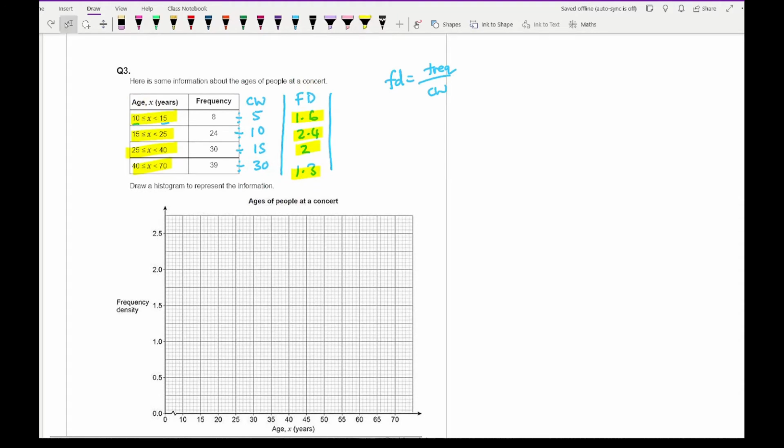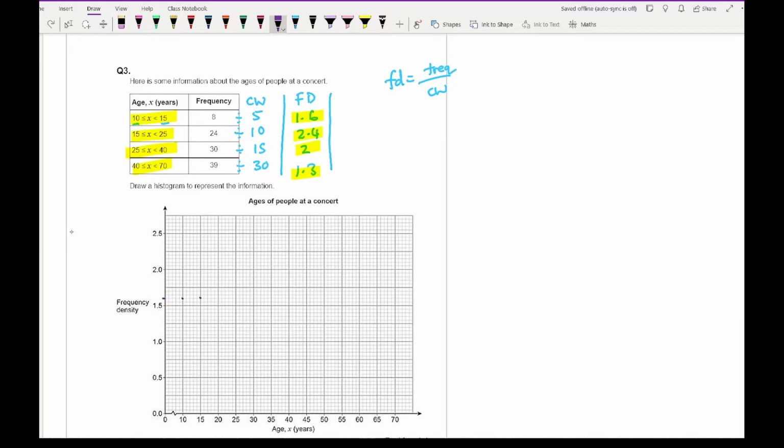Now again, you should be using a ruler, but obviously I'm going to save time and not do that, but you should. So noticing that each little one of these little squares represents 0.1, which is represented by 2 little squares. So 1.6 is going to be 2 squares above 1.5. So between 10 and 15 is going to be there and there.